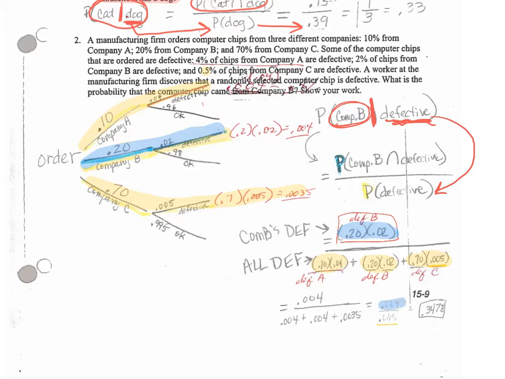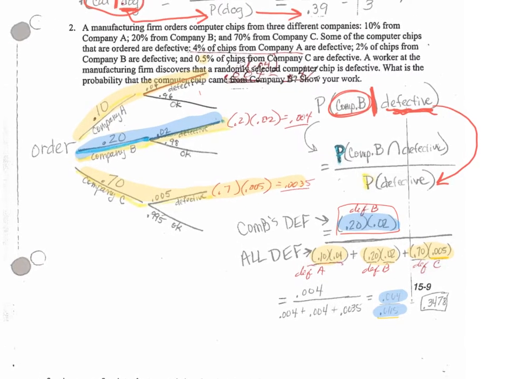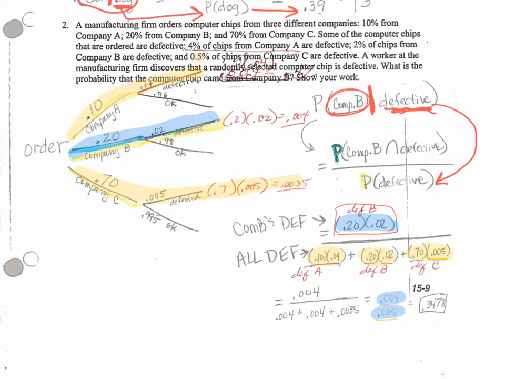So that's your 0.004 over your 0.0115. That makes 0.3478, about 35% chance that you came from company B if you found a defective chip.